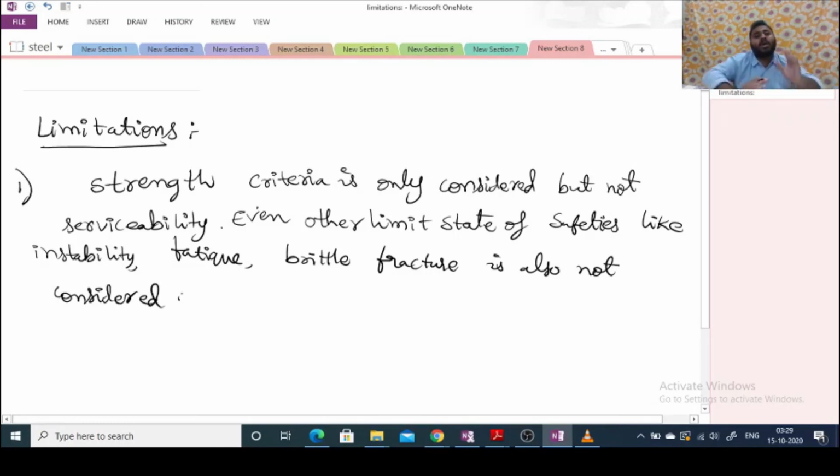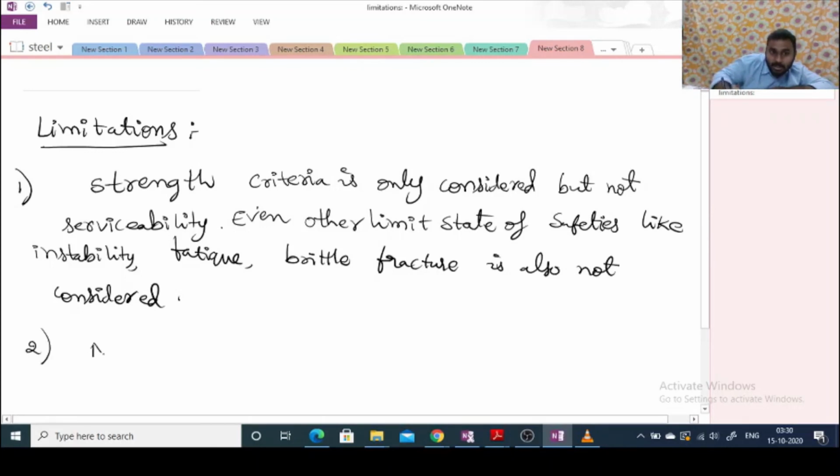It means only strength criteria is taken into consideration, not serviceability. Even within safety, other criteria like instability, fatigue, brittle fracture are not considered. Hence it is a limitation, or you can say shortcoming or drawback.